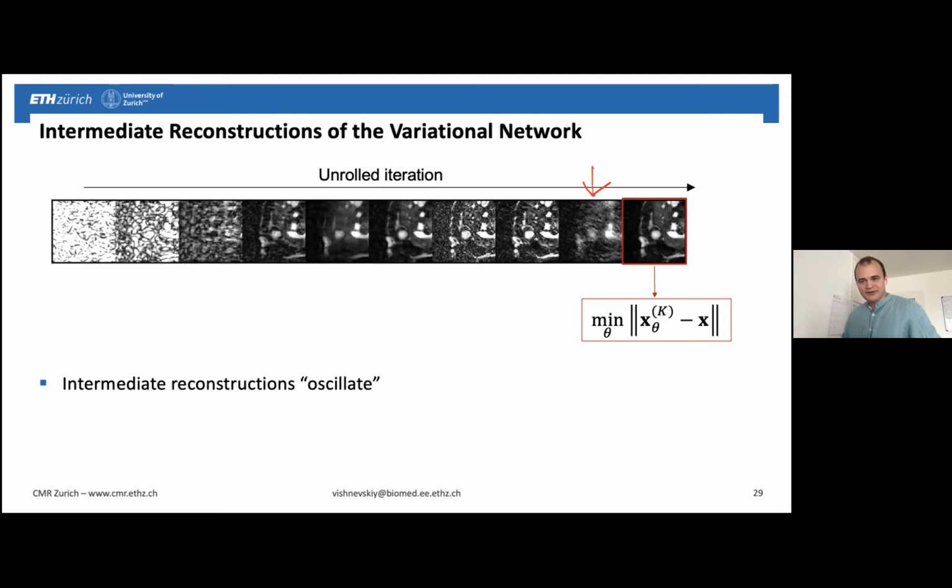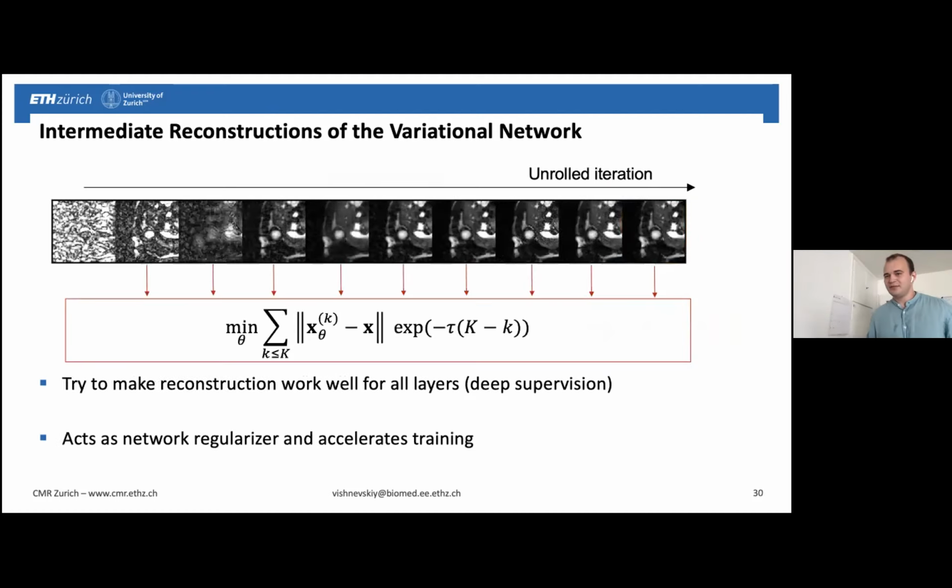But maybe let's force the network to behave like the classical methods. Instead of minimizing the loss for the last reconstruction estimate, let's minimize the loss on each of the iterations, and we will just add a weight on the iterations.